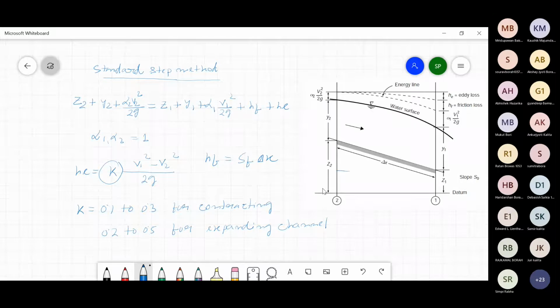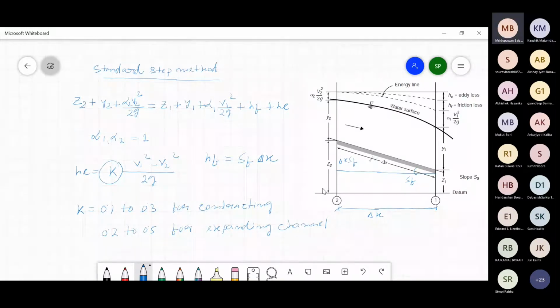I am considering this also as delta X. So this friction loss, in the previous class we discussed, is your SF into delta X, isn't it? This is delta X into SF, this side. Clear?